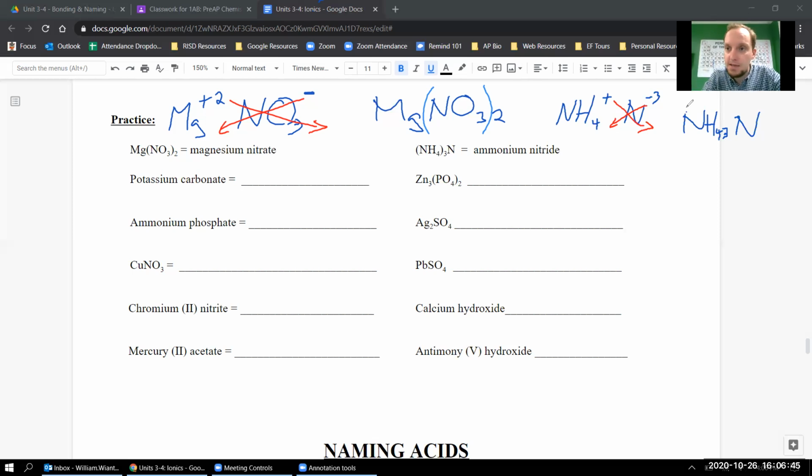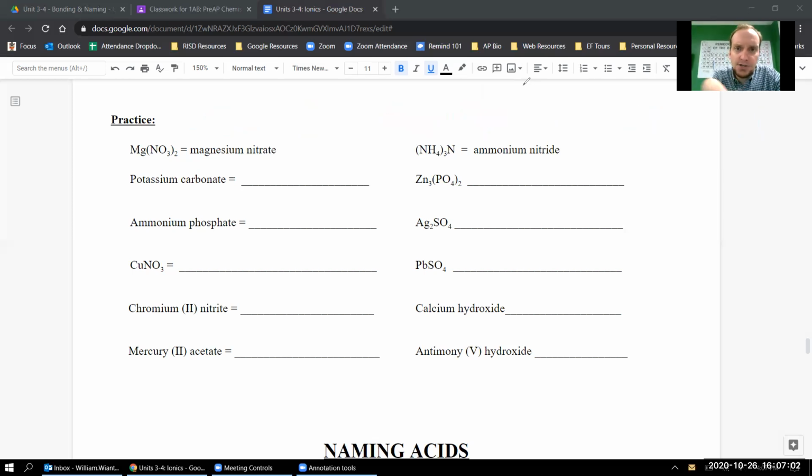What we can have is 3 ammoniums for every one nitride. Ammonium has a +1 charge, it's going to lose 1 electron. Nitride has 3, so you need, of course, 3 ammoniums for every 1 nitride. Okay, let's try this again from scratch.